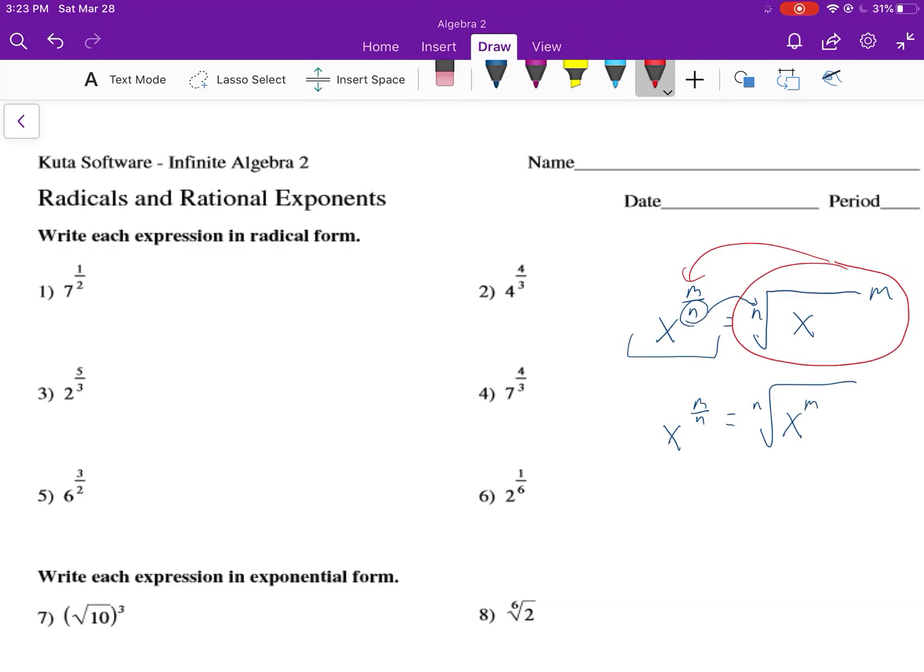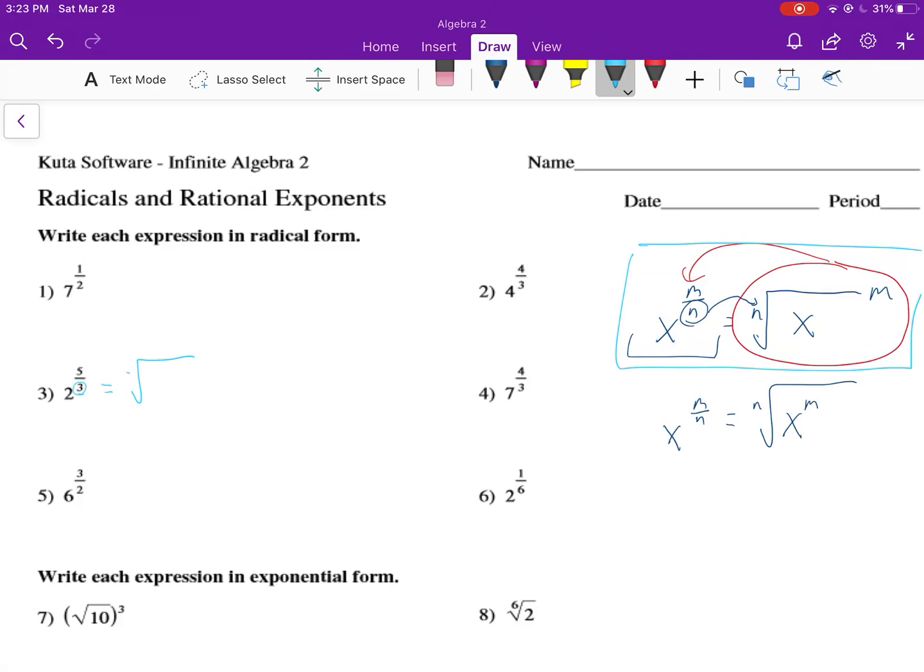So I'm just going to pick one here. Let's go with number 3. Write each expression in radical form. It's not asking you to simplify radical form at all. It's just asking you to write it in radical form. So going by what we have here, we're going to say this is the cubed root.